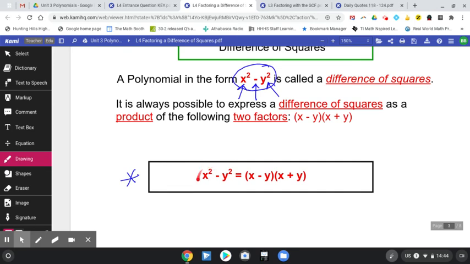I take the square root of this first term. So square root of x squared is x. That's going to go in the front of each bracket. Square root of y squared is y. That goes in the back of each bracket. And then always one of them will be subtract and one of them will be add.